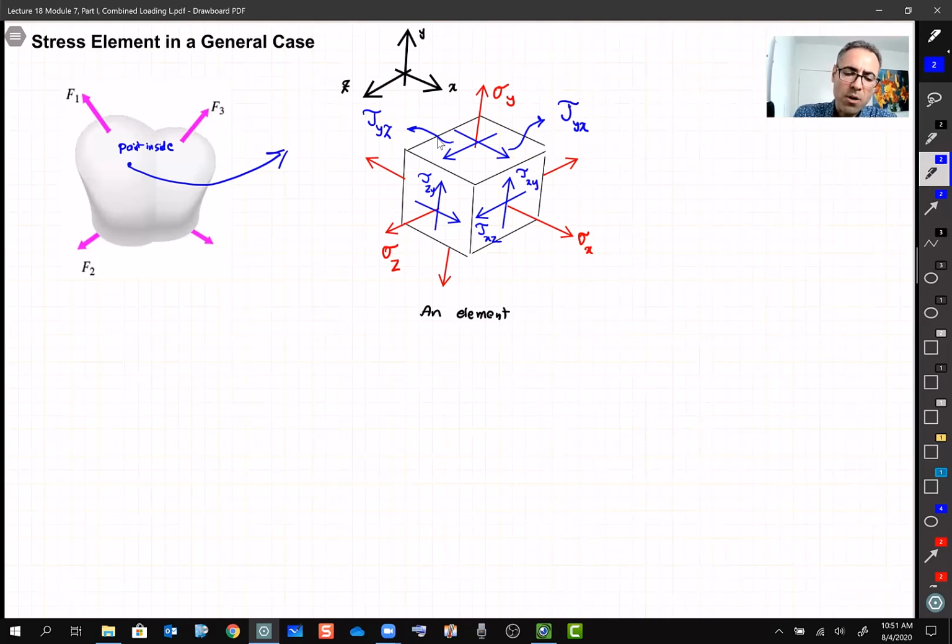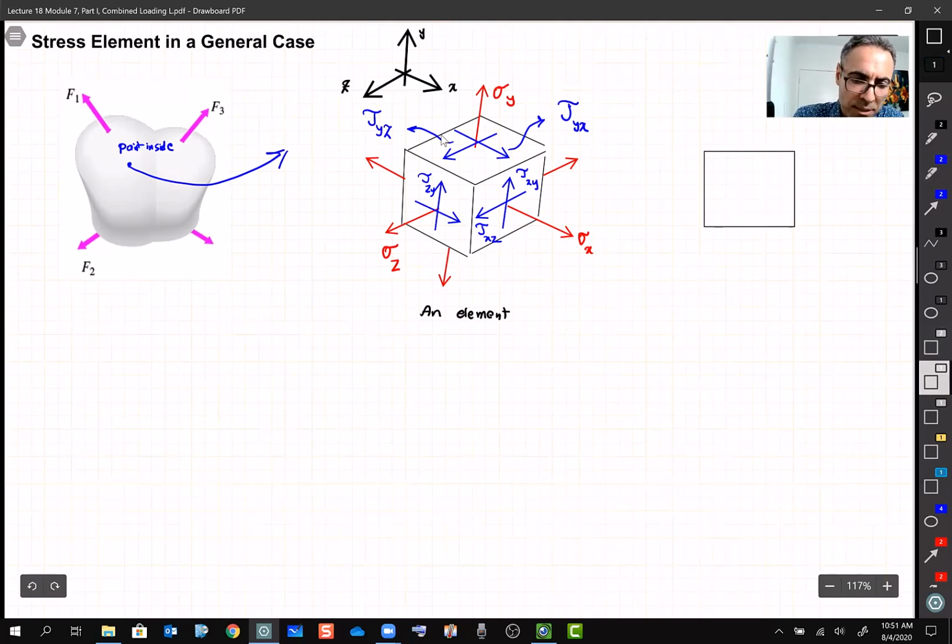And with the same concept that I told you for sigma x, if this one is sigma x, the other side has to be sigma x because things have to be balanced. We are going to have the same story here. So if I have tau xy on this side, on the mirror side, which we cannot see now, I have to have something going down and they have to be equal. Otherwise, things are not going to be balanced. Let me show it in 2D so it makes more sense.